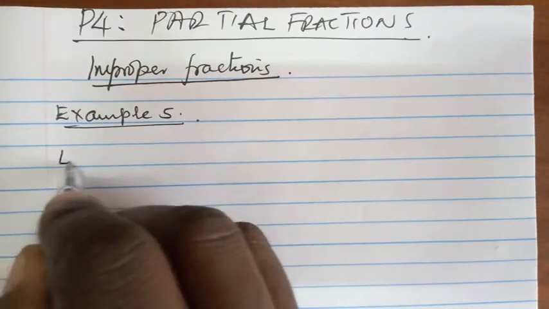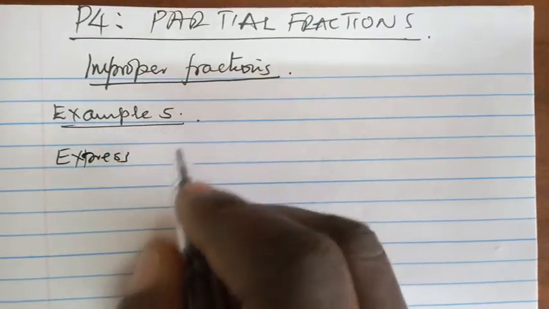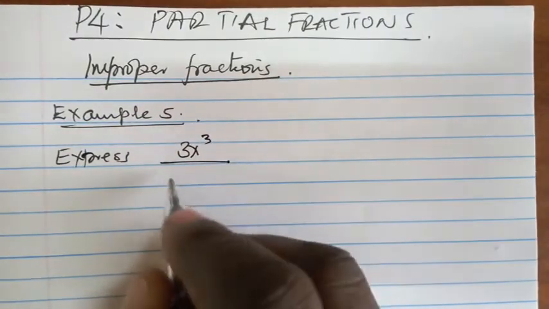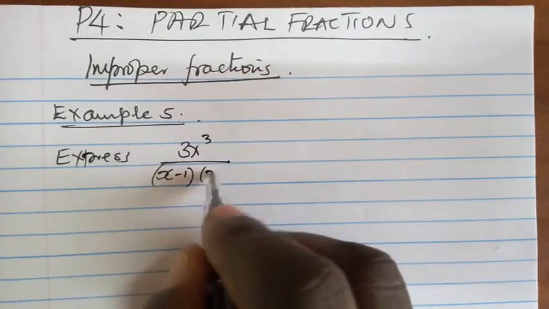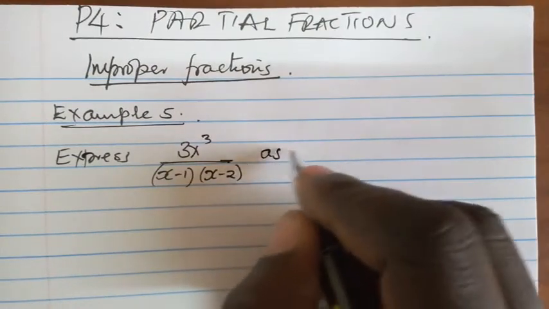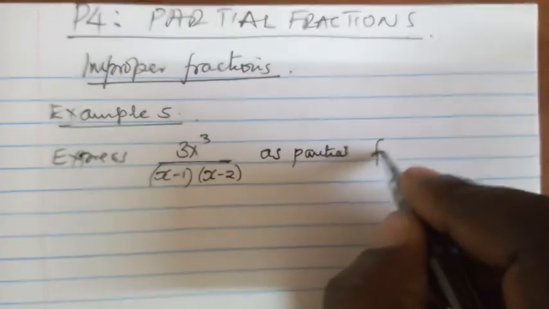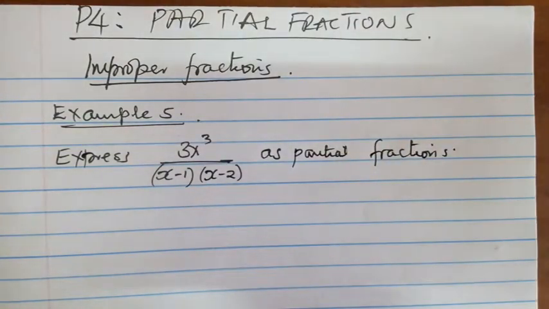You're told to express 3x cubed all over (x minus 1)(x minus 2) in partial fractions.